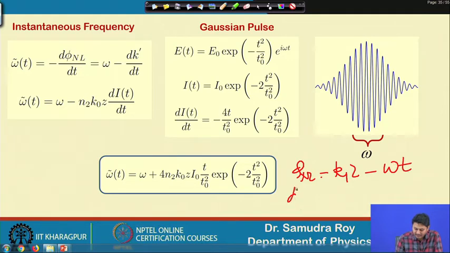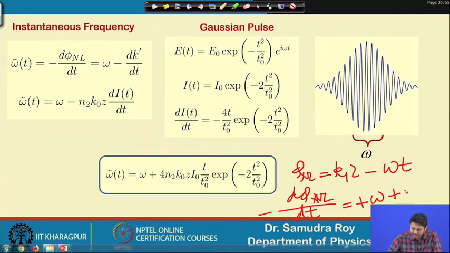So, when I take the derivative to find the instantaneous frequency, d phi nonlinear by dt, we will have omega plus z multiplied by dk prime dz. So, dk prime dz is this quantity.